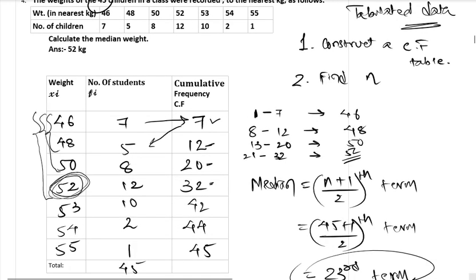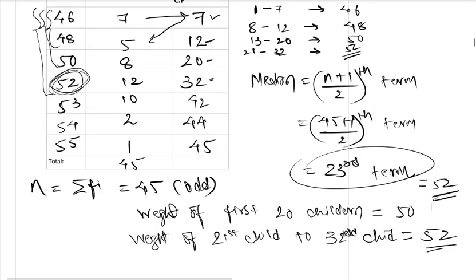You need the same formula you used for finding the median for raw data. But you need to apply the concept: if the median is the 23rd term, where does the 23rd term lie? And that observation will be the median. So 52 is the median. Correct? Let's go to the next question.